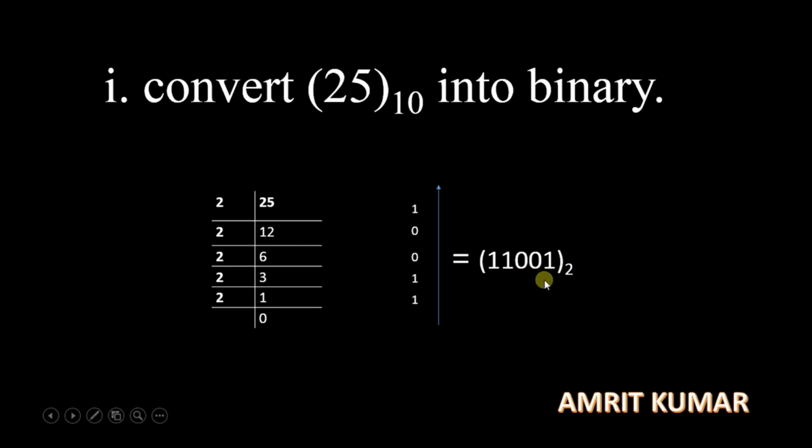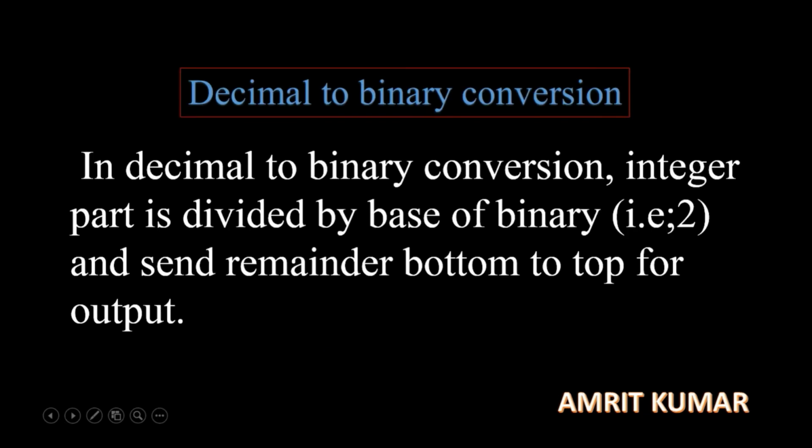This is the conversion of the decimal number 25 into the binary number system. So you can convert in this way. This is an approach through which you can convert the decimal number system into the binary number system. You must follow the rule: for decimal to binary conversion, the integer part is divided by the base of binary.